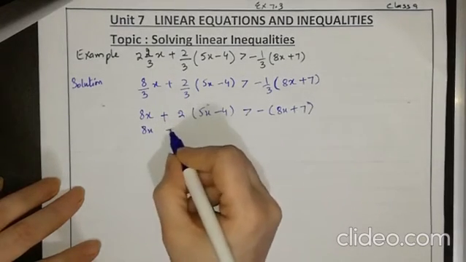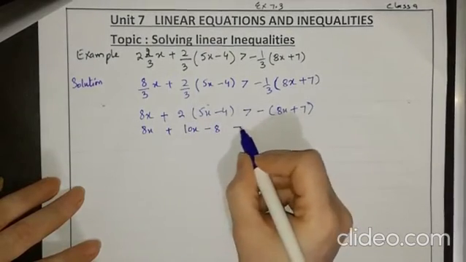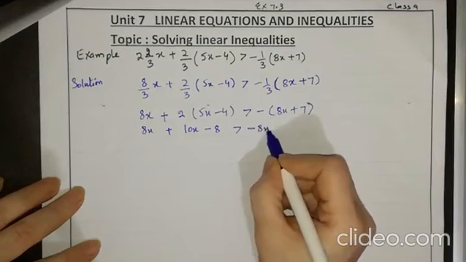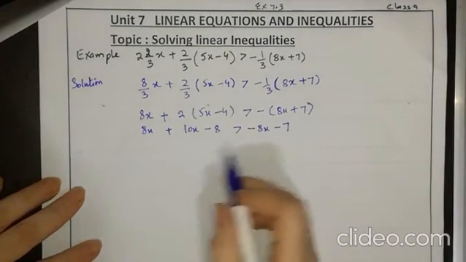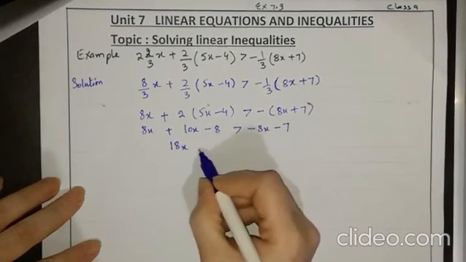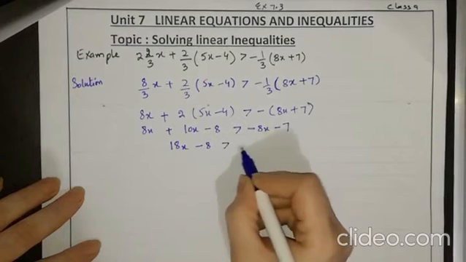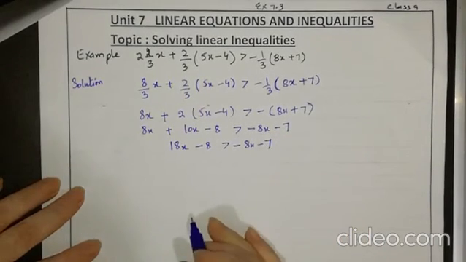So 8x plus 5 twos are 10x minus 4 twos are 8 greater than minus 8x minus 7. Now add 8 and 10, 18x minus 8 greater than minus 8x minus 7.